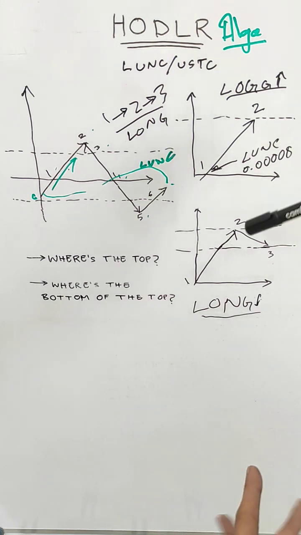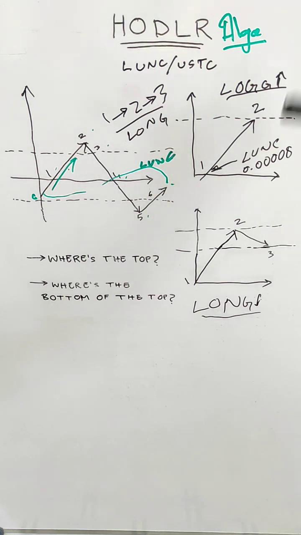So when it begins from 1, it has to be a long and it cannot be a short, because the investment is already in lung and not USDT, which we are converting to. Unless the investment is in the form of USDT, I cannot start a short, and I will always have to do a long.